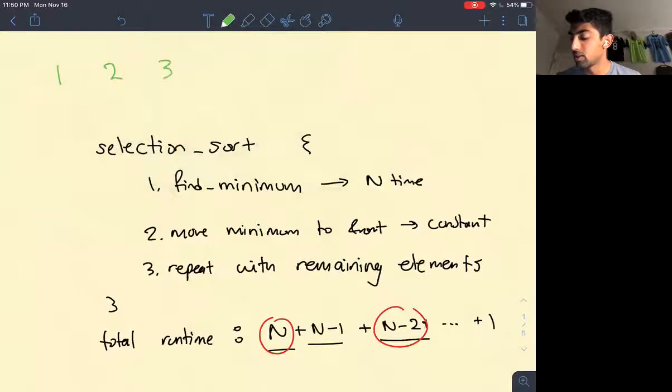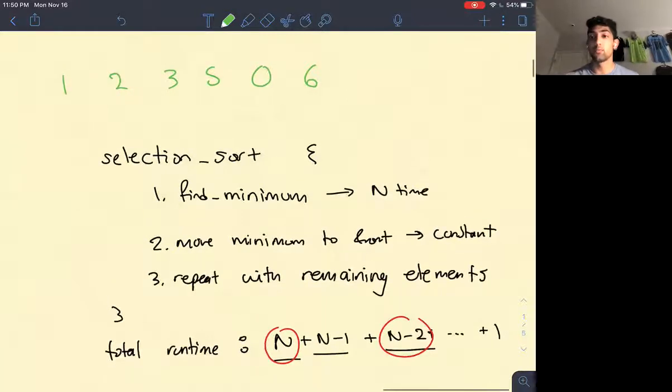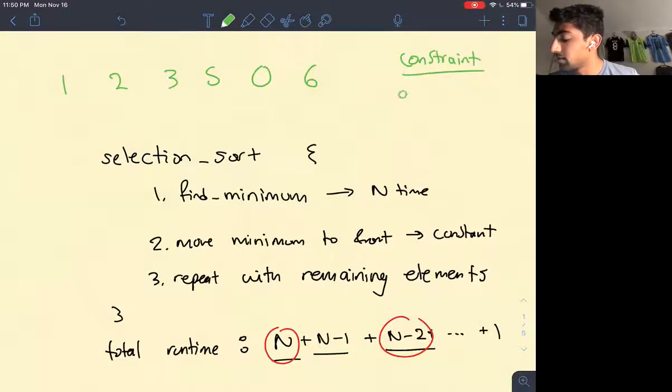I'll try to recreate a similar one as before, but it doesn't entirely matter. Okay, so now we can only swap adjacent elements. So our constraint is that we can only swap adjacent elements.